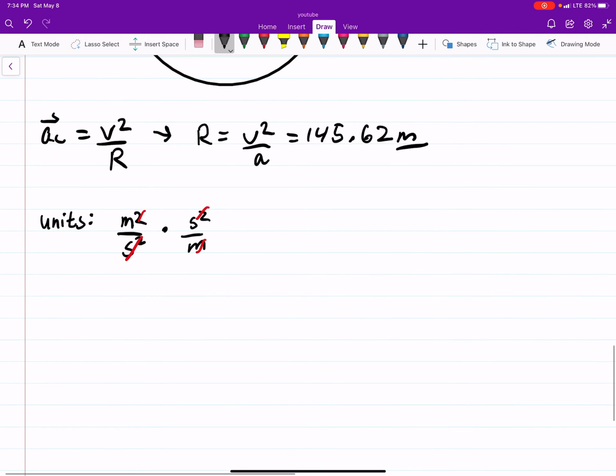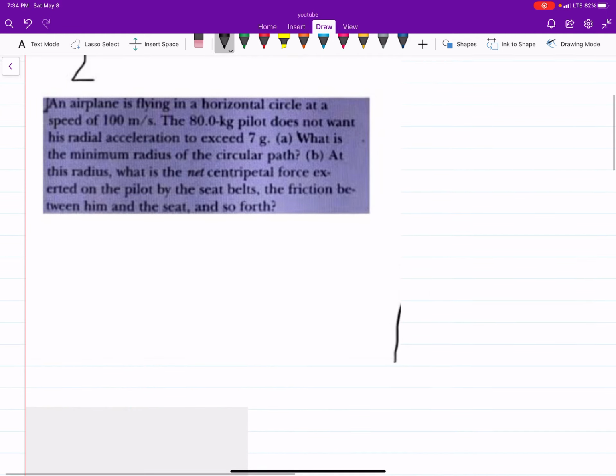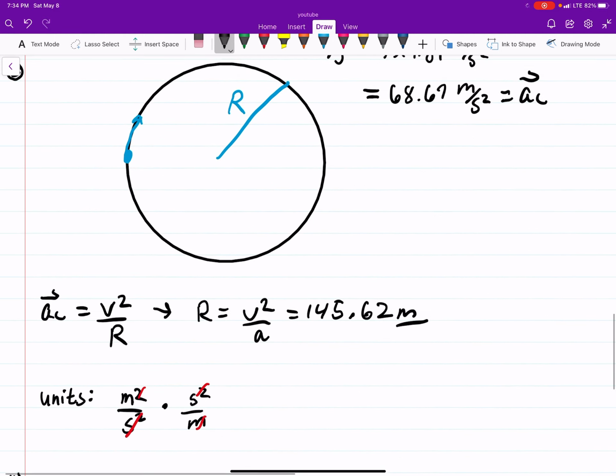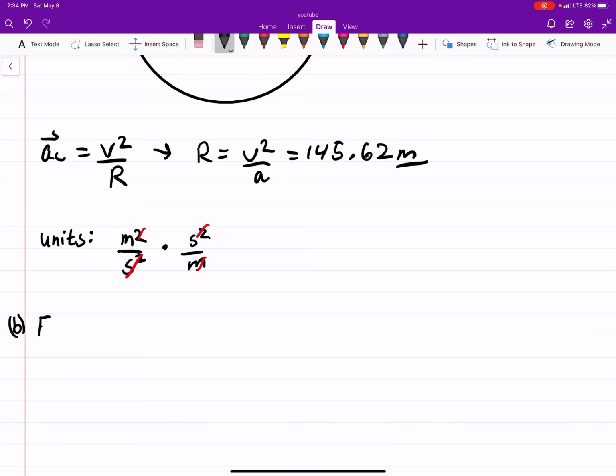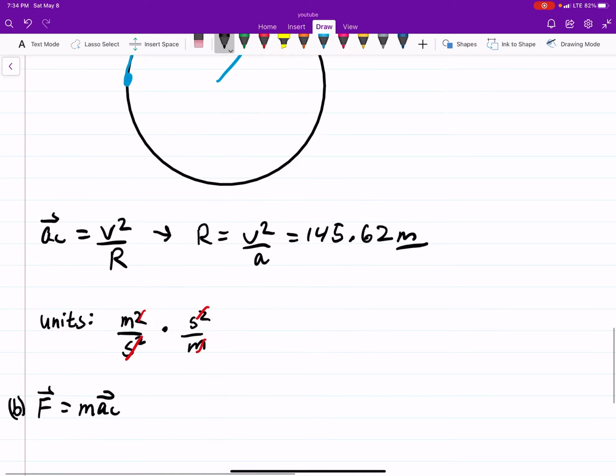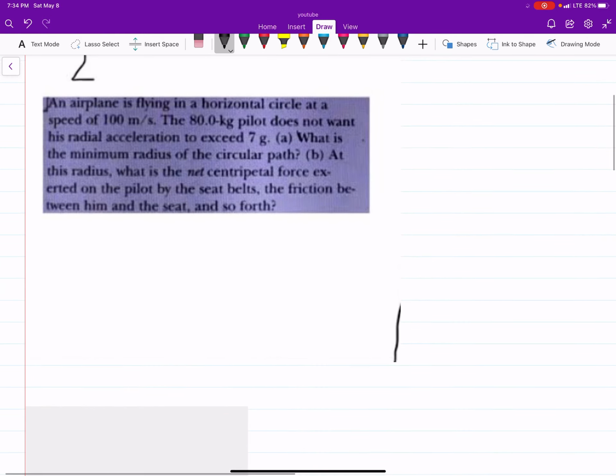The next one, part B, is asking for the net centripetal force. Well, the centripetal force itself is m times a centripetal. And we just found what a centripetal is from part A, and the mass is given. So all you have to do is take that and multiply by the mass given, which was 80.